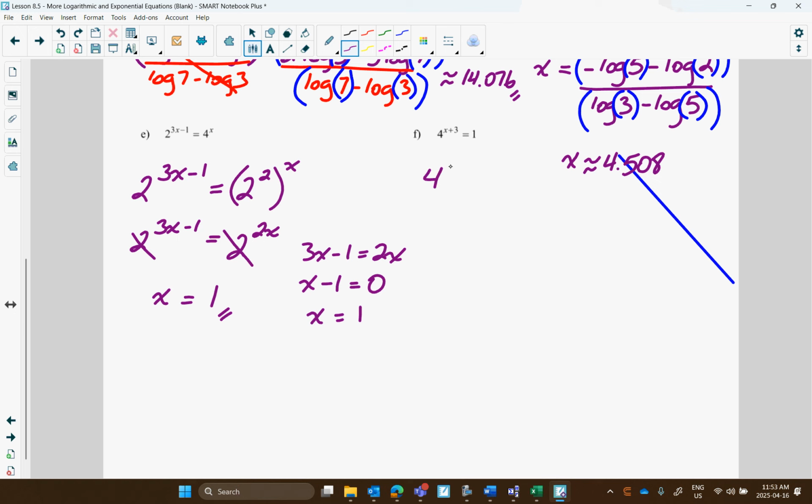So this is the same as 4 to the x plus 3 equals 4 to the 0. Well, that's very straightforward to solve. x equals -3.